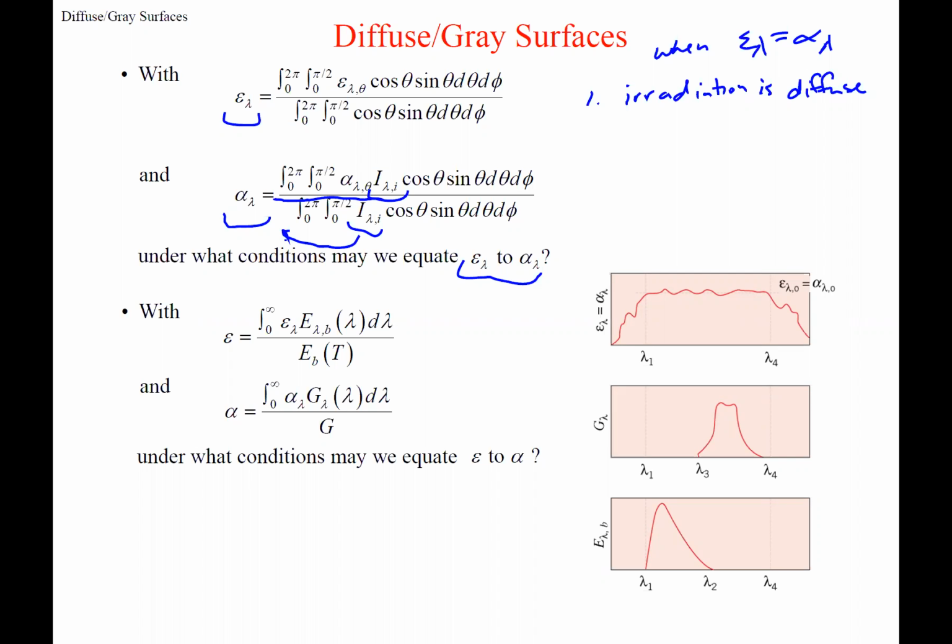The other is if the surface is diffuse. Okay, so that now makes us be able to set the emissivity equal to the absorptivity at any given wavelength. So that's a big one here. So diffuse, okay.